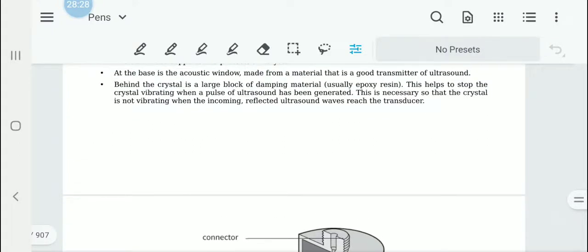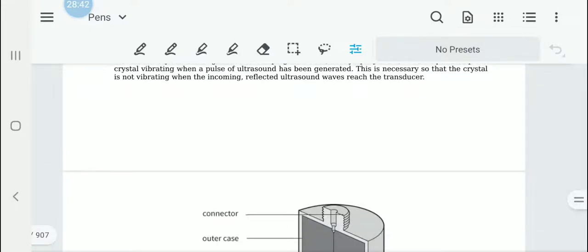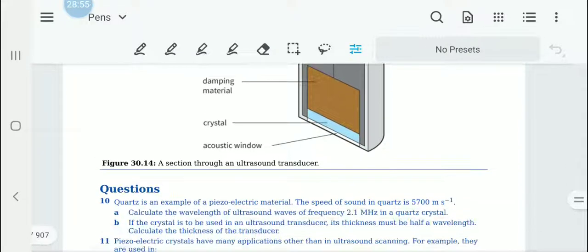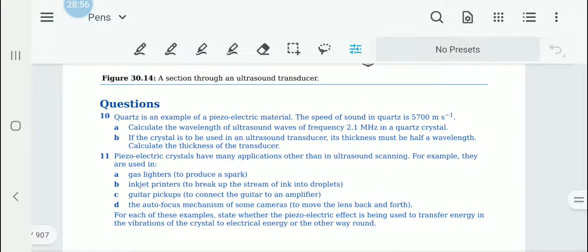Behind the block, there is a damping material, usually epoxy resin, which helps to stop the crystal vibrating after the pulse has been generated. Put a dash and write, so that the crystal is not vibrating when the incoming reflected ultrasound waves reach the transducer.